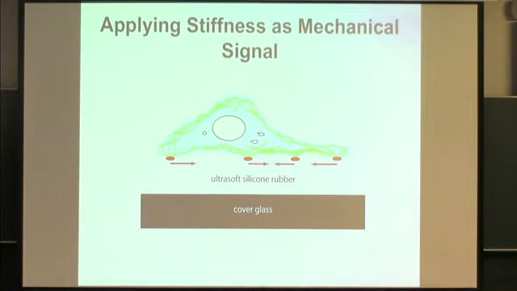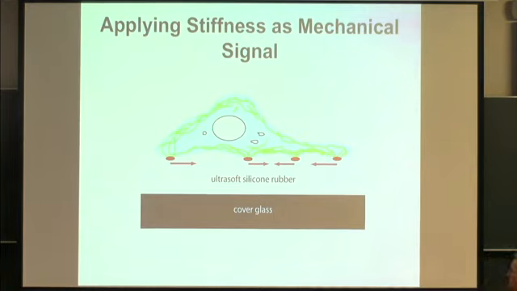Many labs work with polyacrylamide, which every biochemist knows how to handle, and there you can also produce extremely soft gels. So there you can produce stiffnesses in the physiologically relevant range, because cover glass or cell culture plastic has a stiffness of about gigapascals, and that's physiologically maybe for some bone cells, but not for other cells.